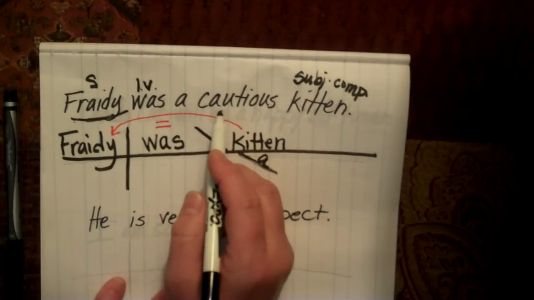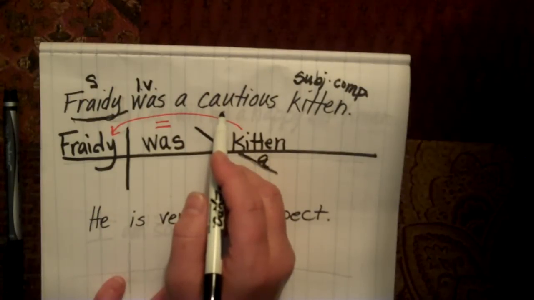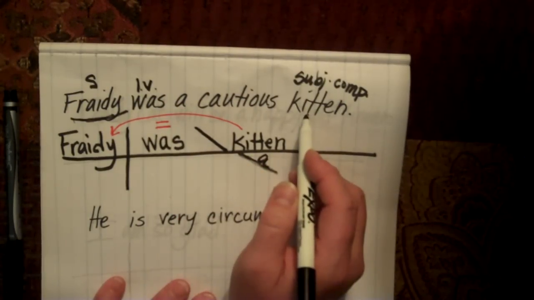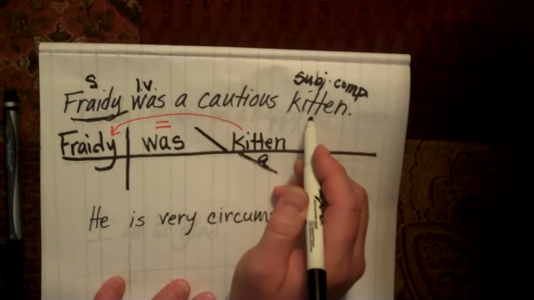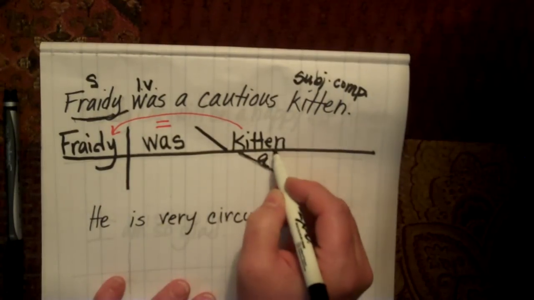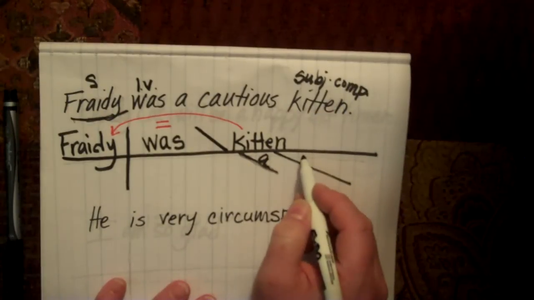That makes it an adjective. Okay? How, when, where, to what extent are adverb questions. Which one, what kind, how many, how much, those are adjective questions. And what word does it tell you more about? Obviously, it tells you what kind of a kitten he was. So we're going to put it under kitten.